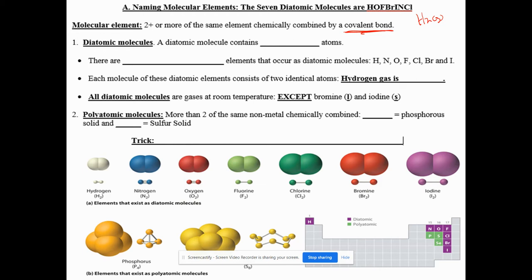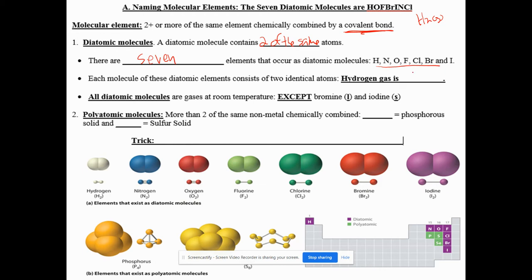Diatomic molecules contain two of the same atoms. And there are 7 elements that occur as diatomic molecules, and these are the 7 here, the Hofbrinkel elements. So each of those molecules is basically two of the same atom connected to itself.